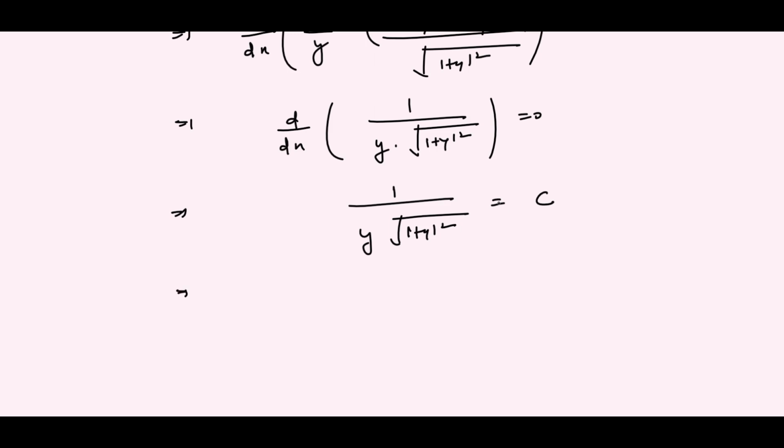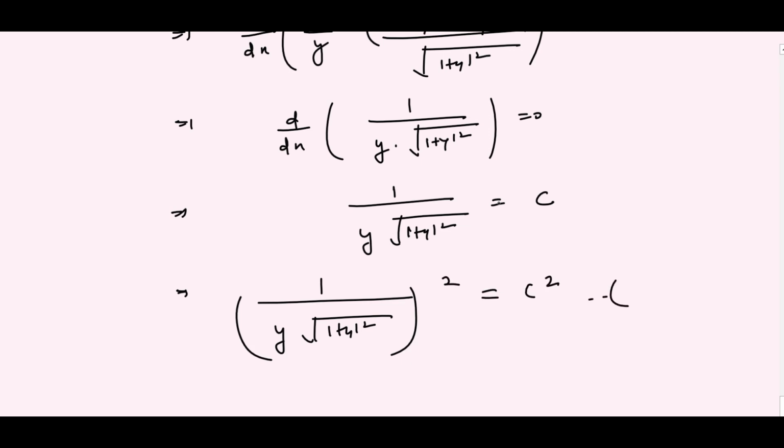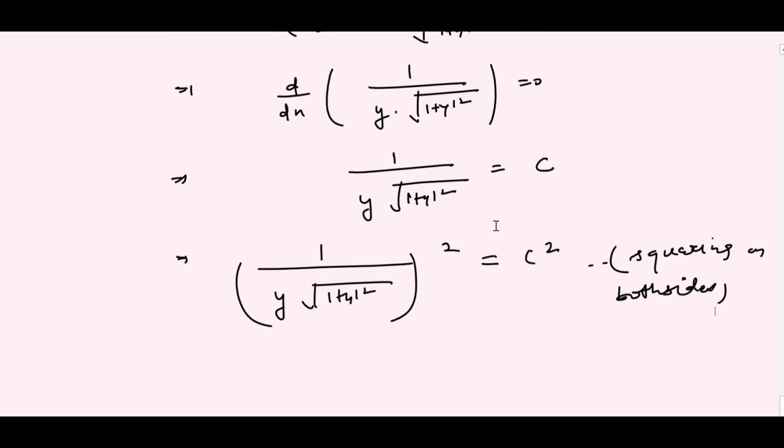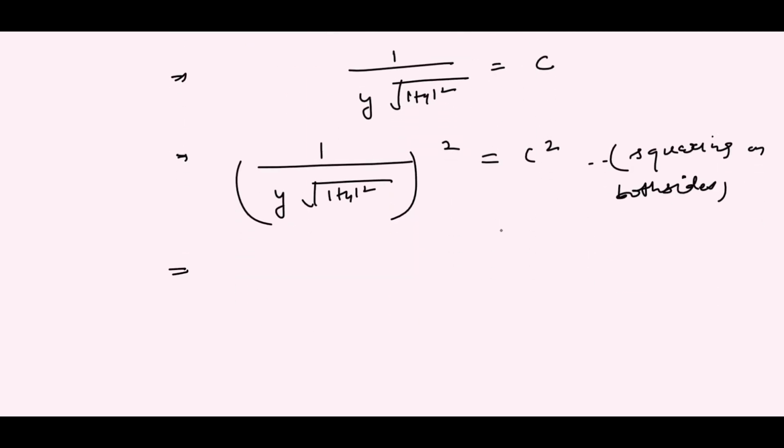So now squaring on both sides, it will give c square. So we can write here, squaring on both sides, so it will give, that is 1 upon y square, and here it will give 1 plus y dash whole square is equal to c square.